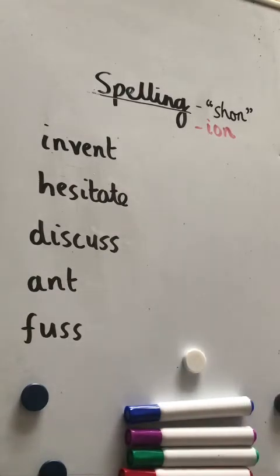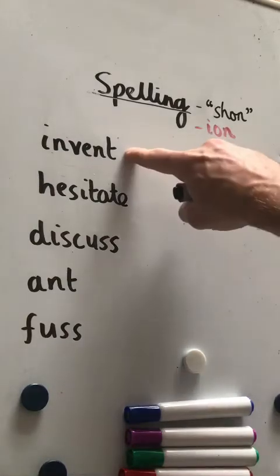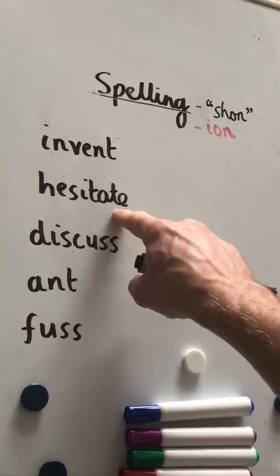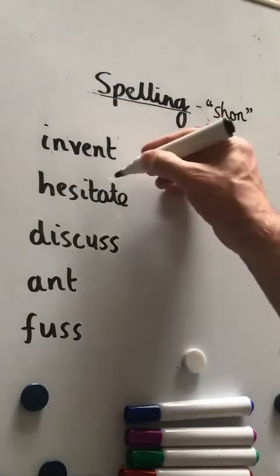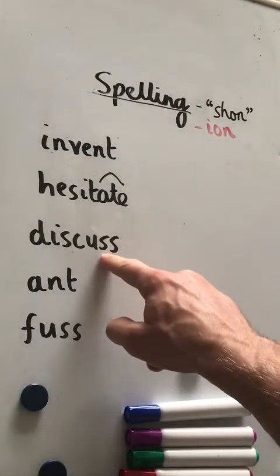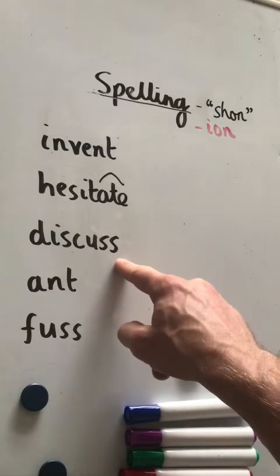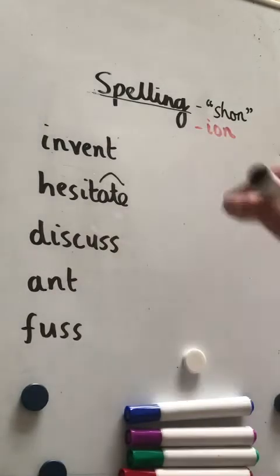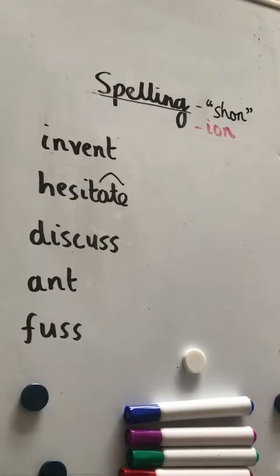Now, if a word already ends in a T, or it's got a T-E because it is a split digraph, or if it ends in double S, all you need to do is add the I-O-N on the end. Okay, so we're going to go ahead and see if that works.